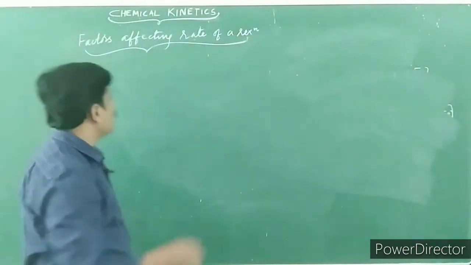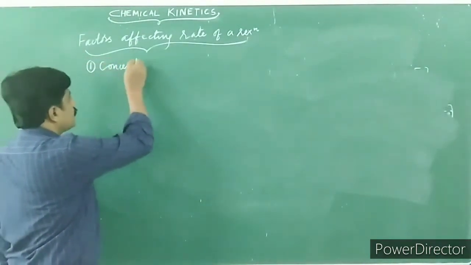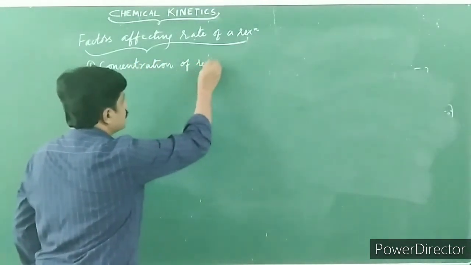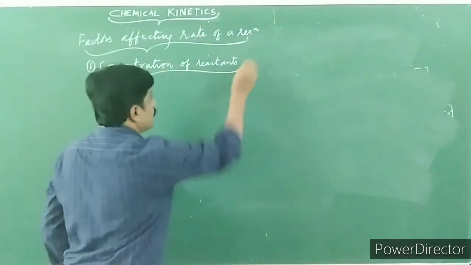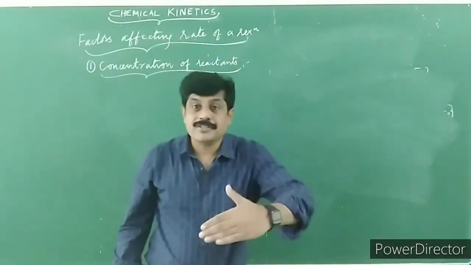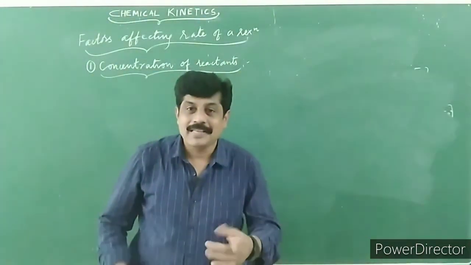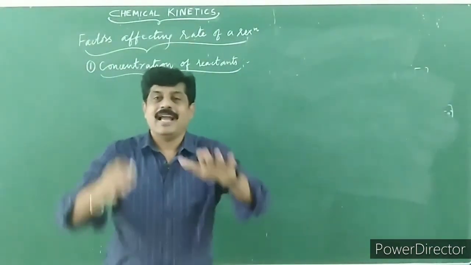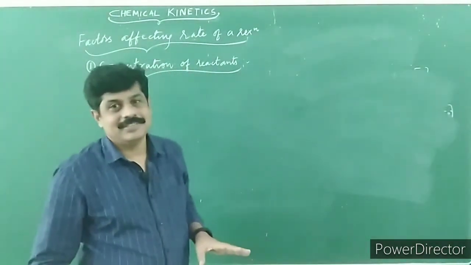Let me take up number one, that is concentration of reactants. Children, remember, the rate of the reaction is directly proportional to the concentration of reactants. That means an increase in concentration of reactants increases the rate of a reaction, and a decrease in concentration of reactant decreases the rate of the reaction.